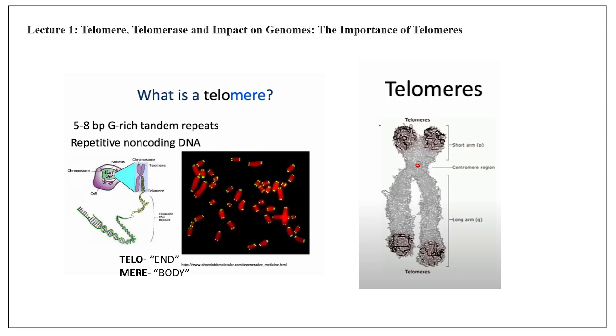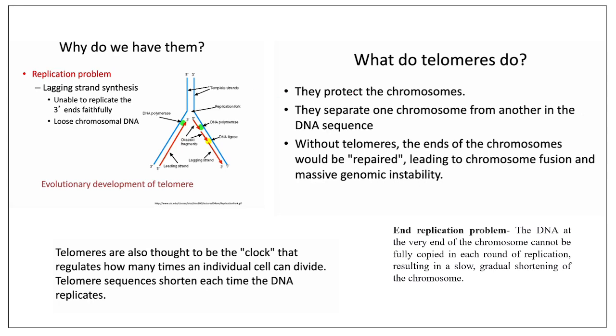That means it is present at the end, and these are non-coding DNA. Important is that these repeats are non-coding DNA. Why do we have them and what do telomeres do? So first of all, let me just see so that you see.